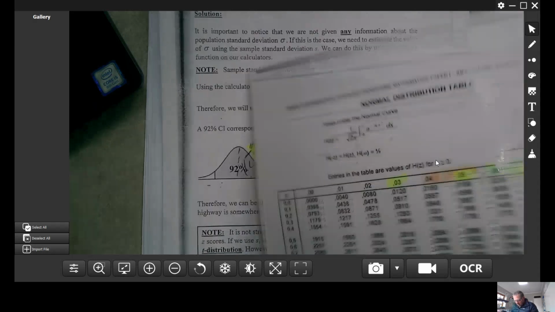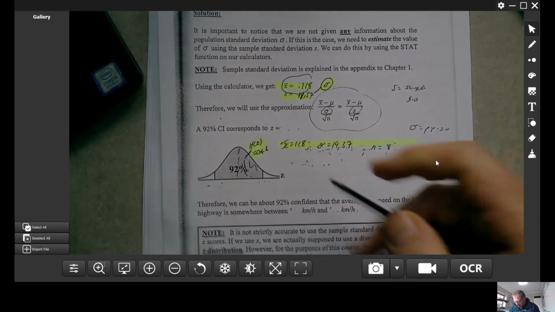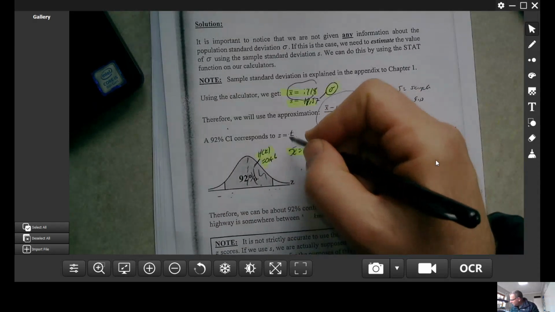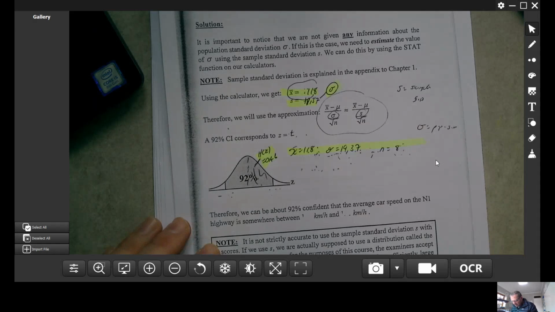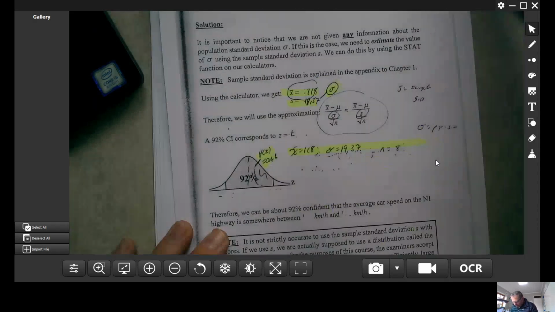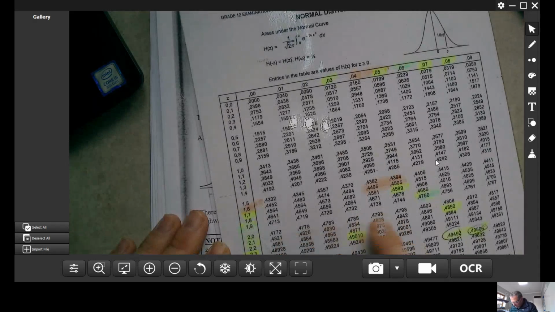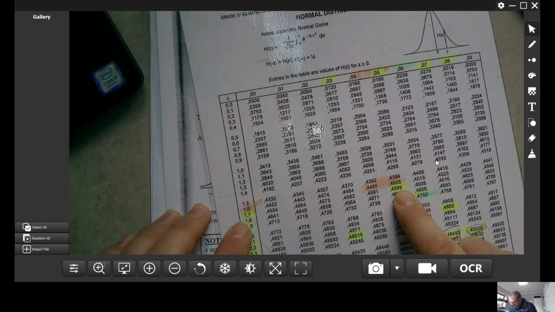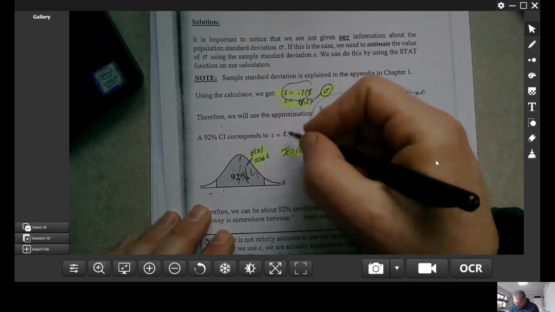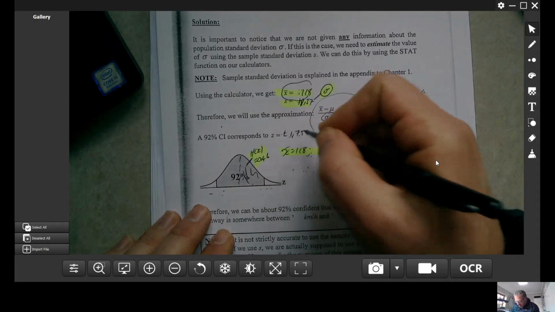So Z, what do we say? What are we looking at? I lost track of my mind there. 0.46 was over here, and we said it was 1.75. So Z is equal to plus minus 1.75.